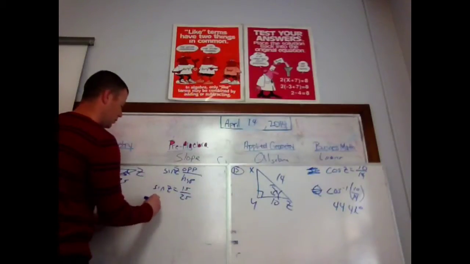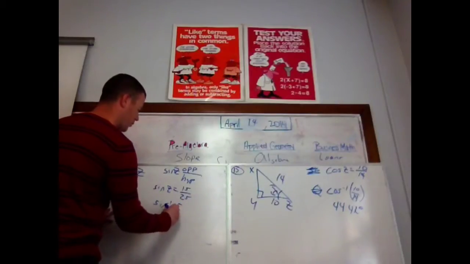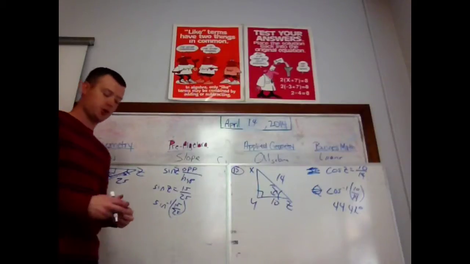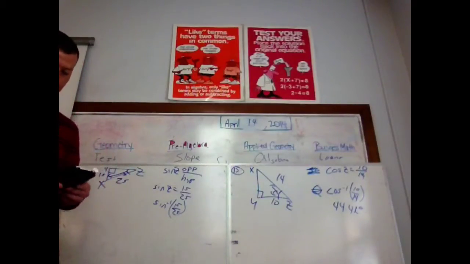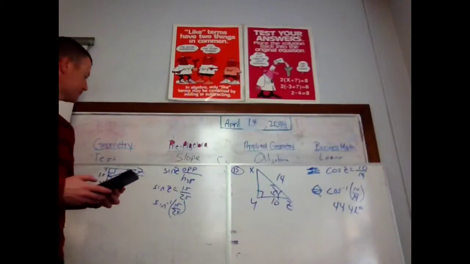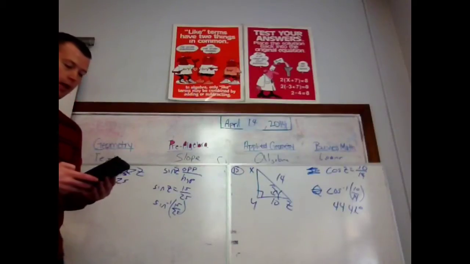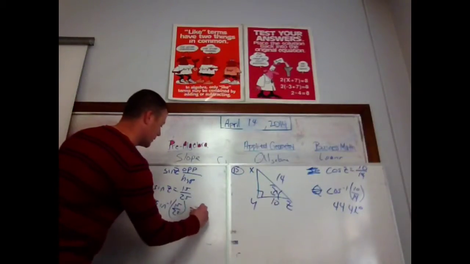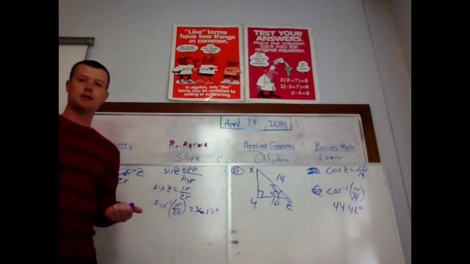Then all we do is sine inverse 15 over 25. You only do this when you're finding the measure of degrees. In our calculator, you put second sine, 15 divided by 25, and you get 36.87. So this is equal to 36.87 degrees, and that is the answer.